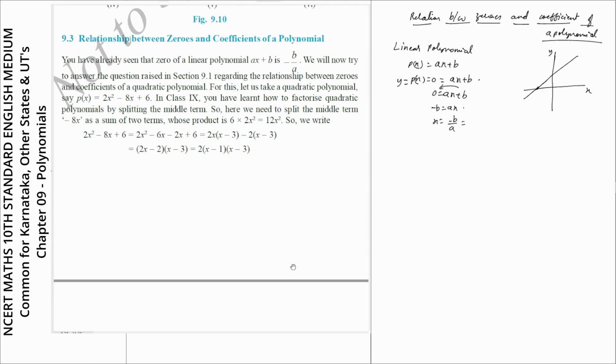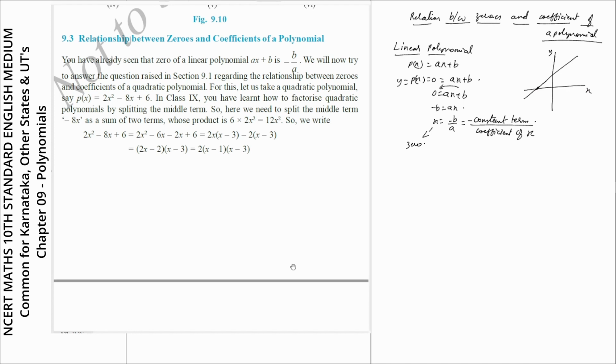Minus b is nothing but the constant term, and so minus constant term divided by a, and a is nothing but the coefficient of x. So this is the relation. x is nothing but the zero. This is the relation between the zero and coefficient of this linear polynomial.